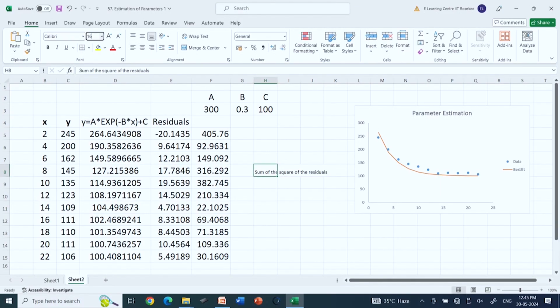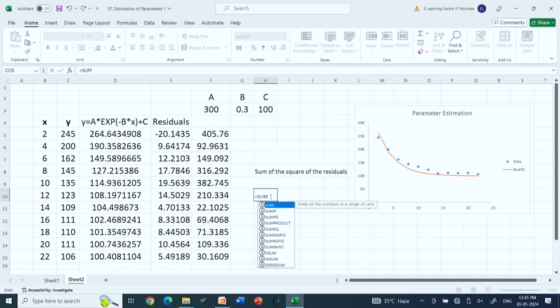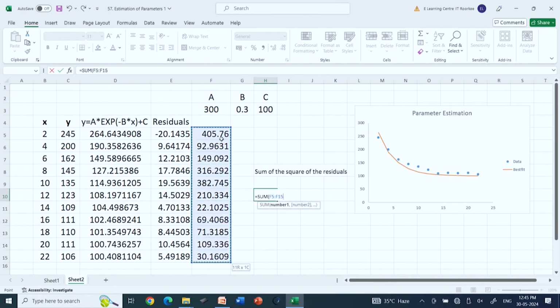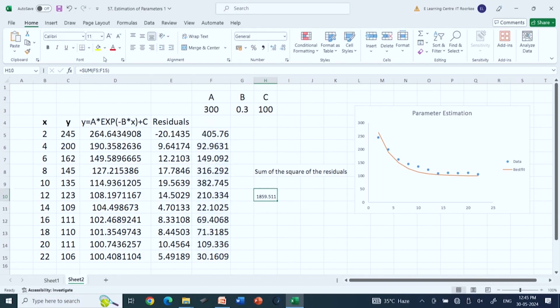Change the font to 14. So this is equal to the sum of all these squared residuals. So you got the sum.